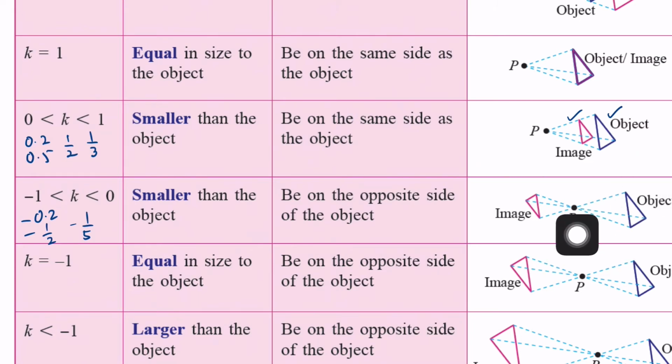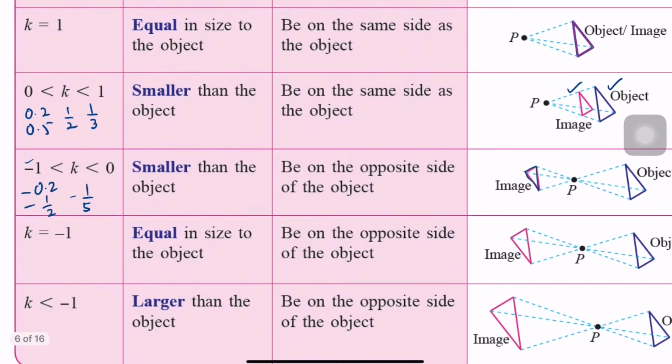The image is smaller and on the opposite side of P. The negative sign makes the image be on the other side of the object, and if you look at the shape of the image, it is upside down. So what can you realize when negative happens? It is on the other side and it is upside down.